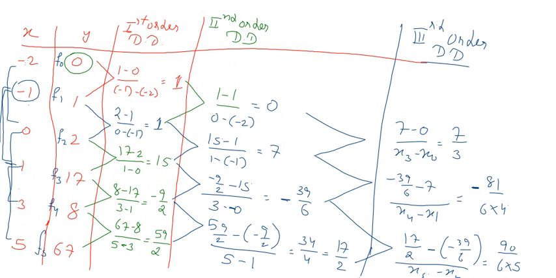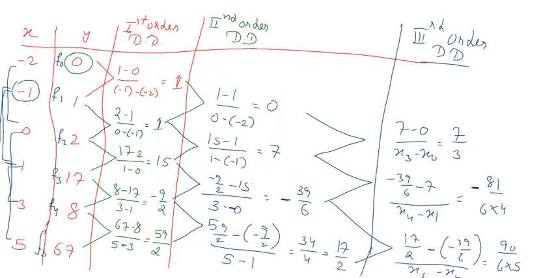In the second order divided difference, you have skipped the one in between. So first here is x2 minus x0 for the first entry in the denominator I am talking about. For the second entry, you have x3 minus x1.